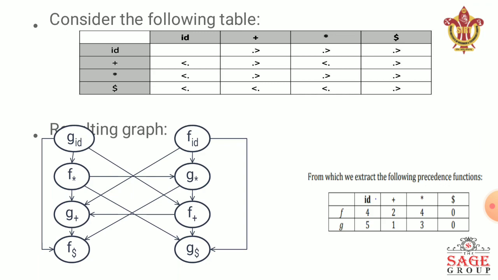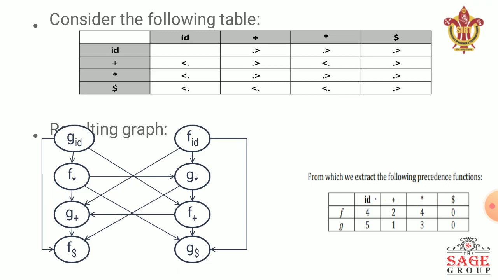Now our next task is to generate the precedence functions on the basis of this resulting graph. There are two types of nodes in this graph. The first is the node known as the sink node, which has only incoming edges, and the other is the node which has outgoing edges. So we first generate a blank precedence function table in which f and g are two rows and all the given terminals, including dollar, are columns.